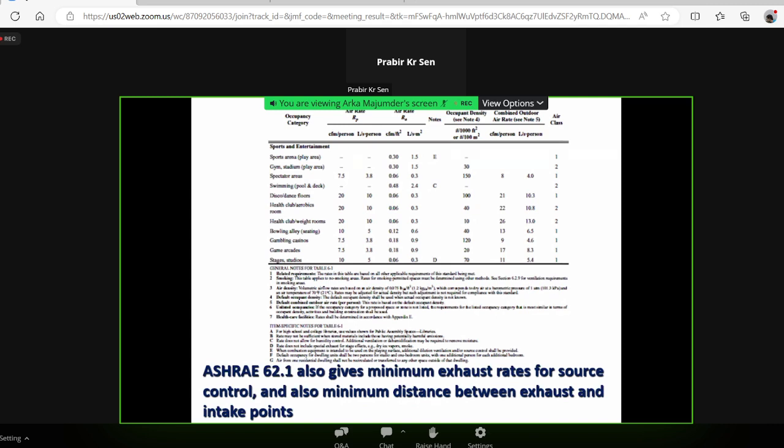You have to take out some air from there, and from toilets, etc. And there are some air conditioning systems, like some operation rooms or particular hospital areas, where there is continuous exhaust. These exhaust quantities are also given by ISHRAE, and they have also mentioned that some minimum exhaust rates are to be maintained, and some exhaust distance. They have said a 6 meter distance has to be maintained between the exhaust point and the fresh air intake point.